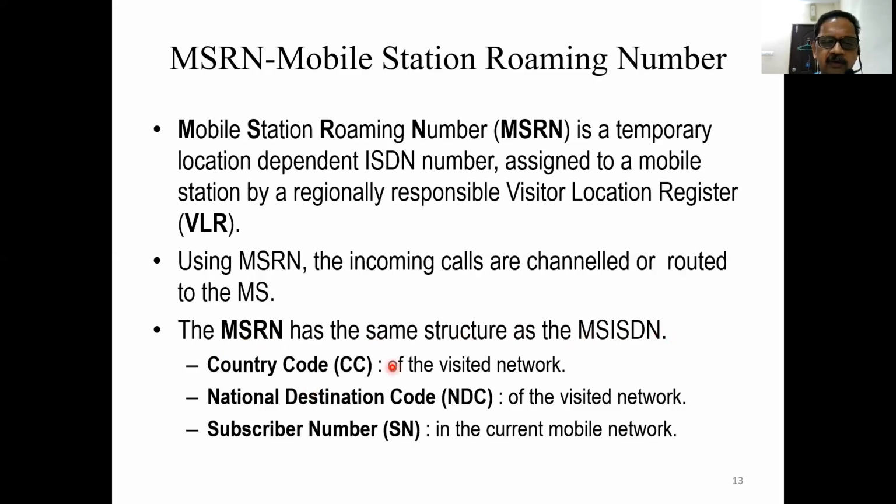That is, the country code, which we have seen. This country code is of the visited network. Suppose I go to the US, say Washington DC. It will have the country code of the US, that means 1. Then the national destination code for Washington DC is added to that number.